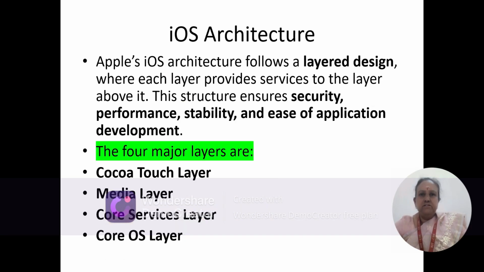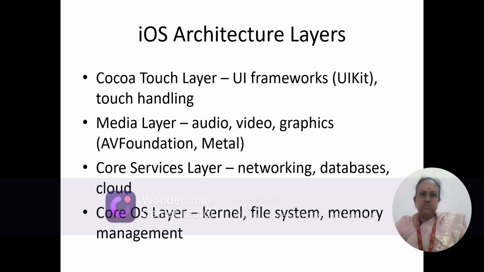The iOS architecture is developed in such a way that its layered design gives good performance, stability, and ease of application development. The first, the Cocoa Touch layer, is for designing the UI frameworks and the touch handling facilities that are built into your mobile.